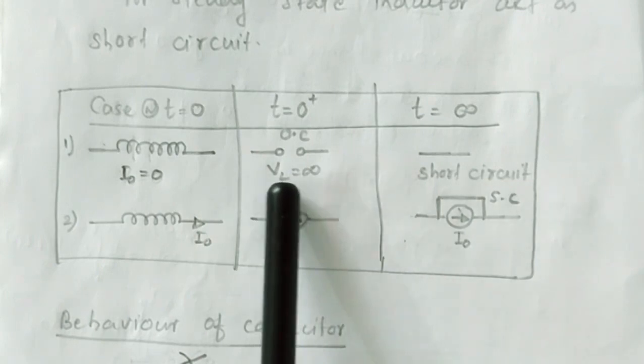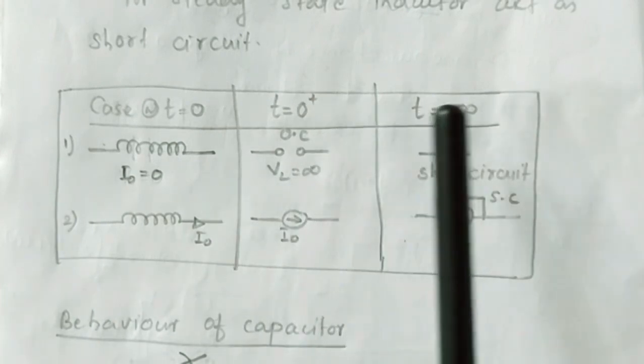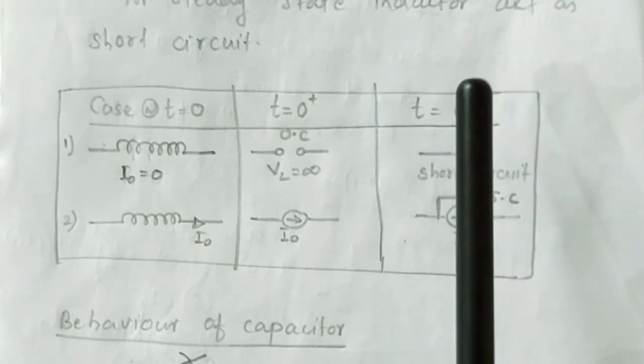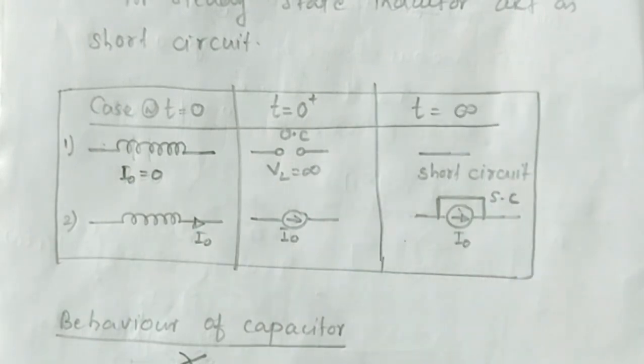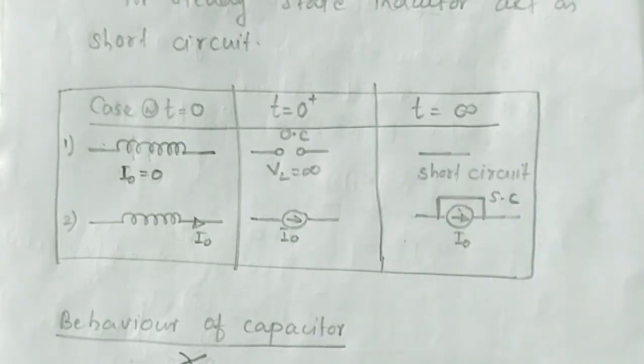So corresponding equivalent circuit is open circuit. At t tends to infinity, corresponding to steady state, VL is equal to L into di by dt, dt becomes infinity, therefore VL becomes 0. So VL becomes 0 means short circuit.